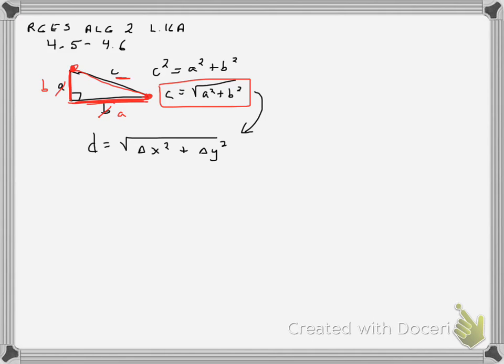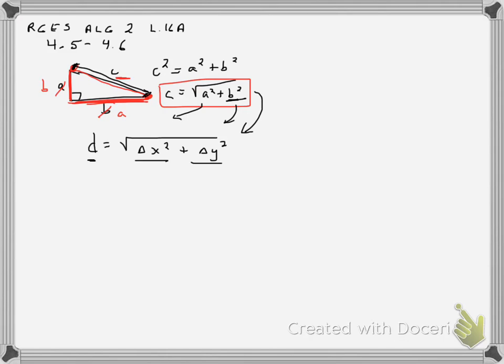So if these are my 2 points, the distance between them is the same as C, so there's now D, and the A is the change in the X values, and the B is the change in the Y values. So hopefully that is very clear to you. So let's put all that together.